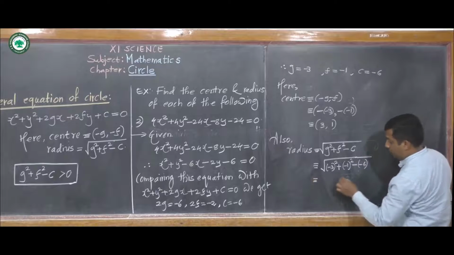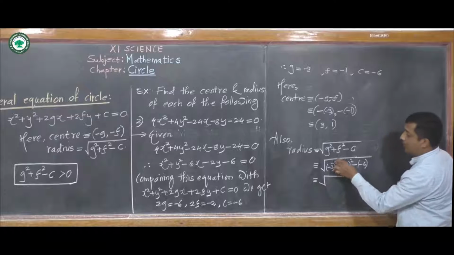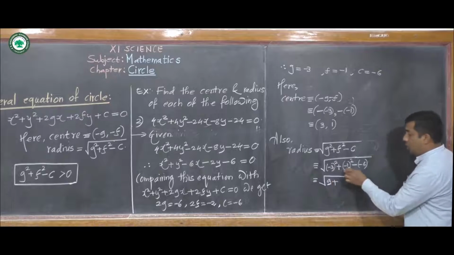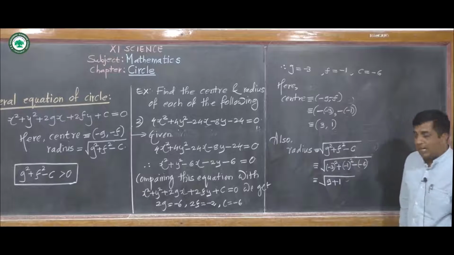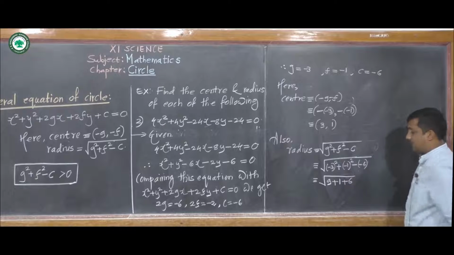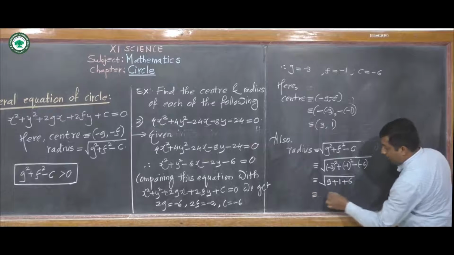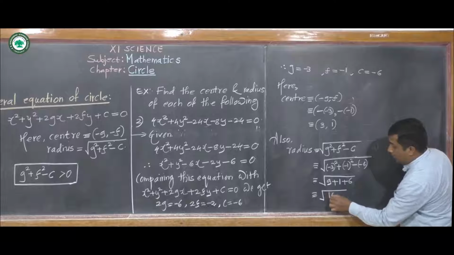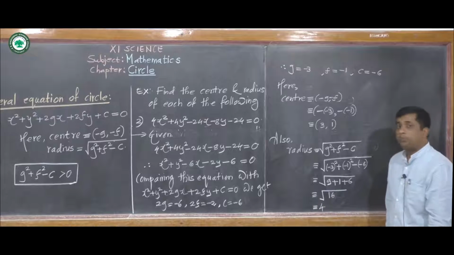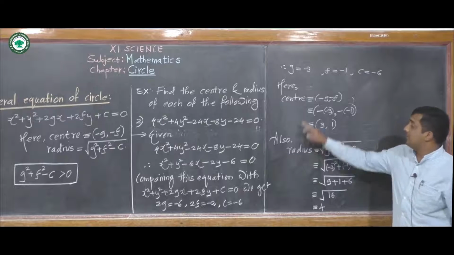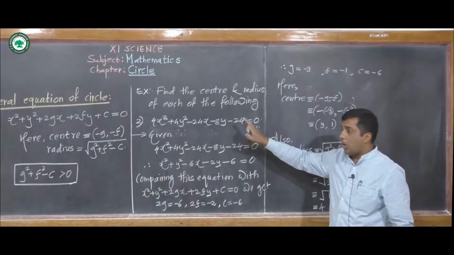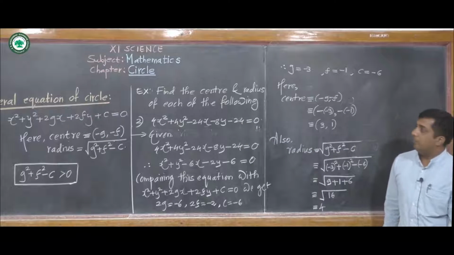Then inside the square root, we know minus 3 square is 9, plus minus 1 square is 1. Next, minus of minus is a plus, so plus 6. This is the square root of 16, and we know the square root of 16 is 4. So we find the center and radius for the given circle.